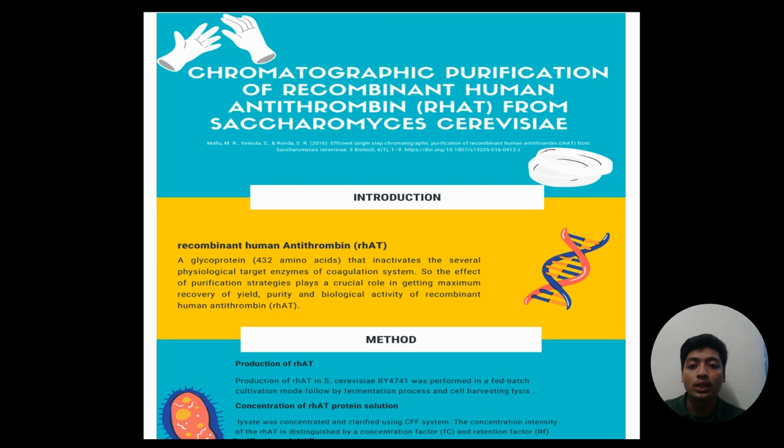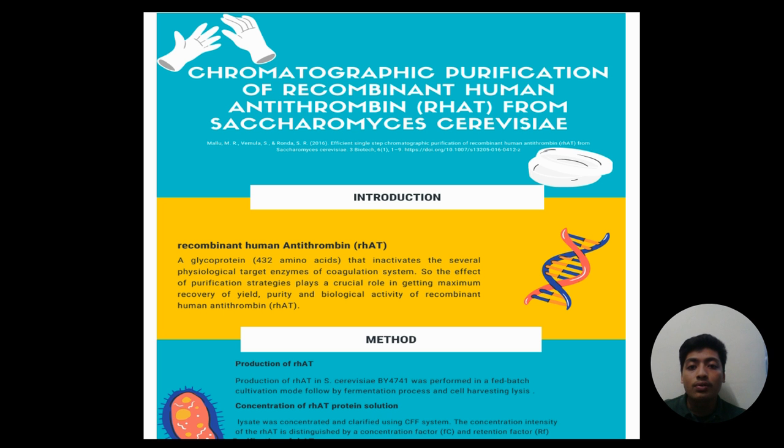Purification of rhAT from Saccharomyces cerevisiae has been carried out using two different approaches: cross flow filtration (CFF) and chromatography methods, to achieve high recovery yields and purity.